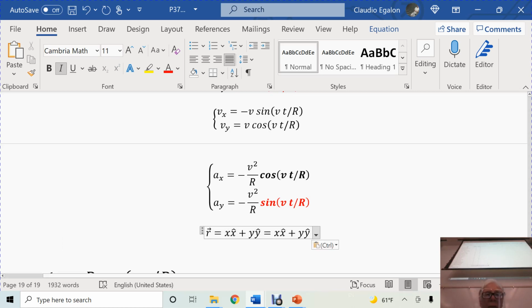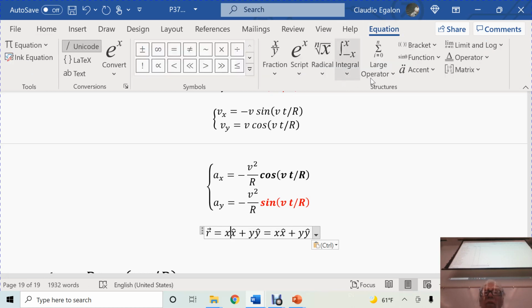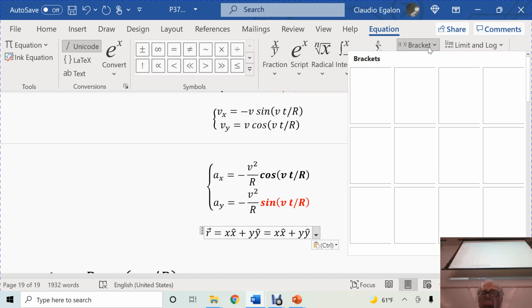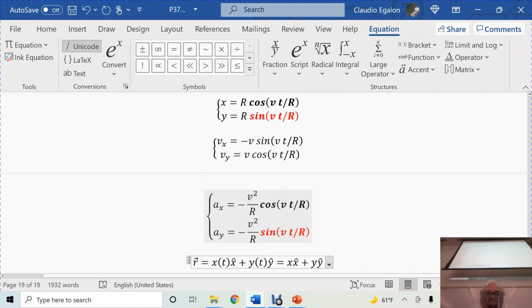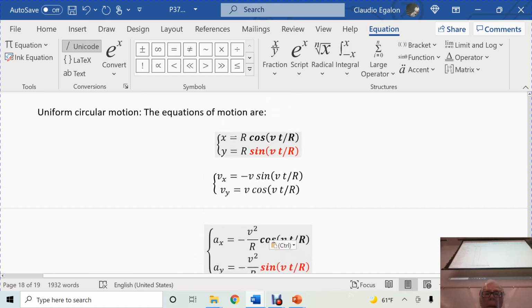And I'm going to go even further. I'm going to state that this x and y position, they are a function of time, right? Here you go. They are a function of time, which is true, right? What am I doing here?